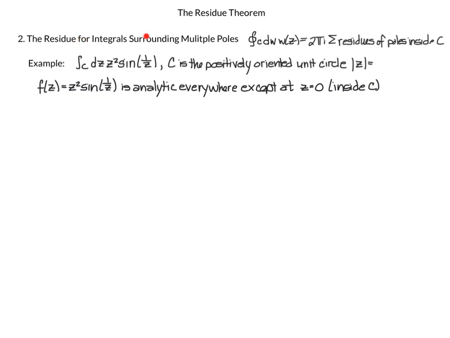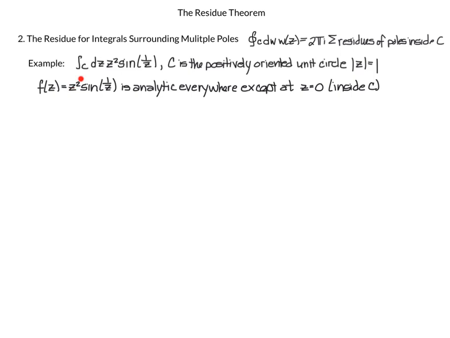I have this formula written here so that we can start doing examples. So let's consider the integral around C, where C is the positively oriented unit circle, absolute value of z equals 1, since it's a unit circle. And we want to integrate z squared sine of 1 over z.